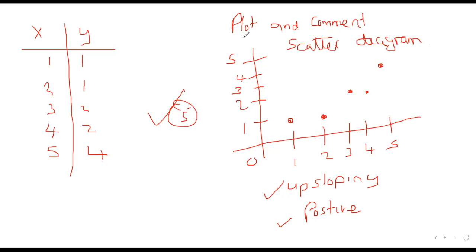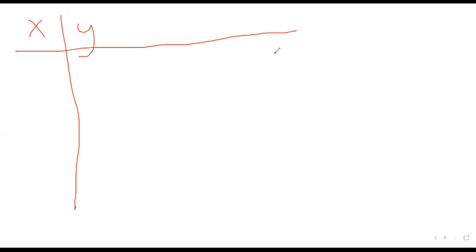Any questions so far on plotting? Anyone behind? Are we together? Yes, we're together. And now we go to coming up with the regression equation. So to come up with a regression equation, we need to fill in this table.